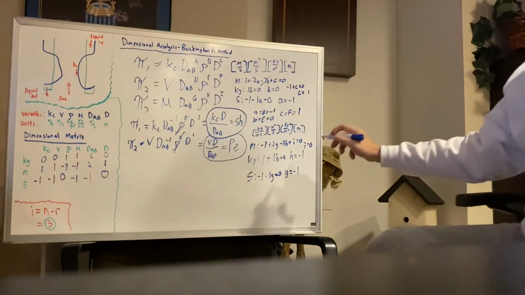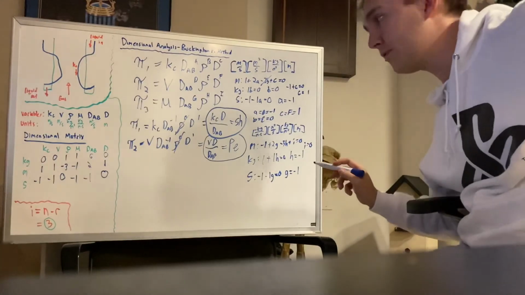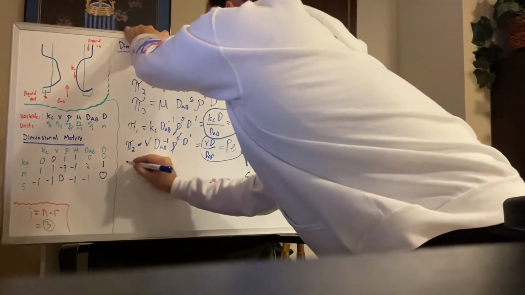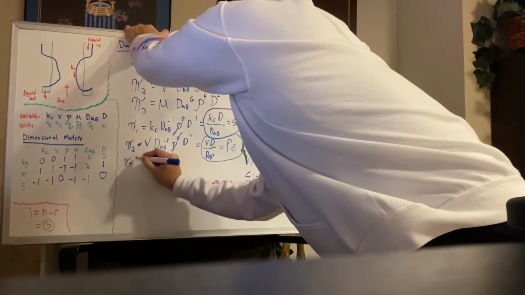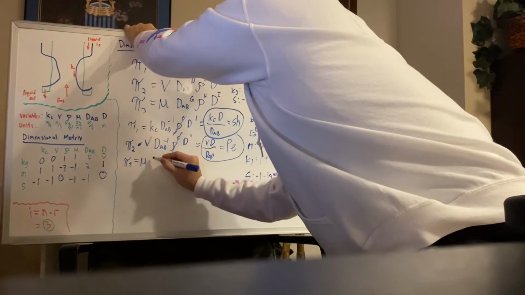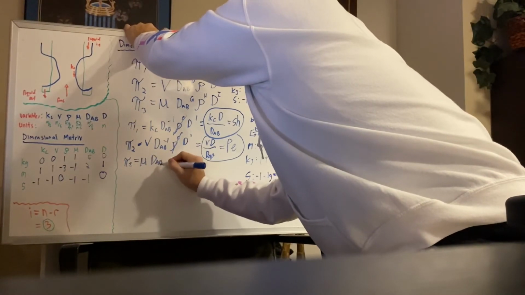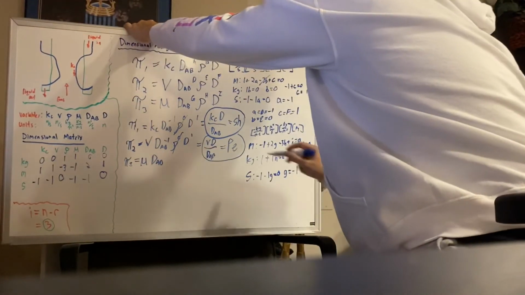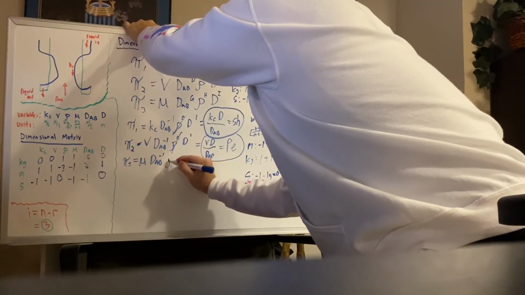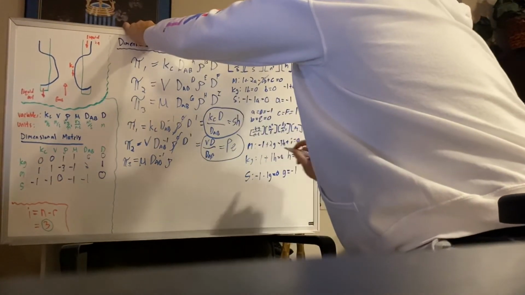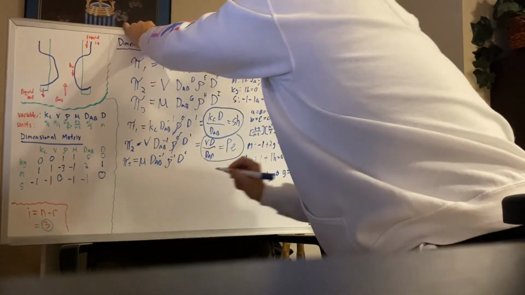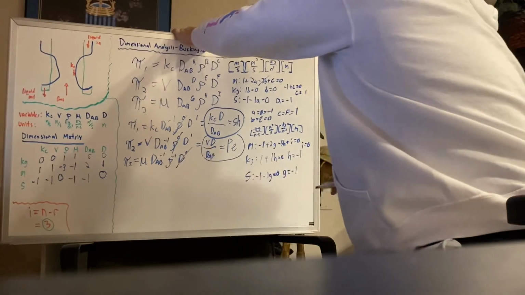And so now that we have the exponent values for g, h, and i, we can go through and find the equation for the dimensionless group pi3, which will be viscosity, the mass diffusivity from A to B, which will be going with g is -1, density, which will be going with h is also -1, and d, which is 0, so that will be nothing.